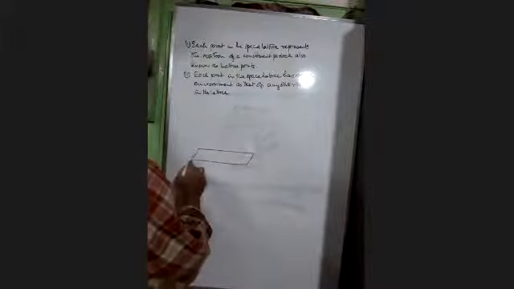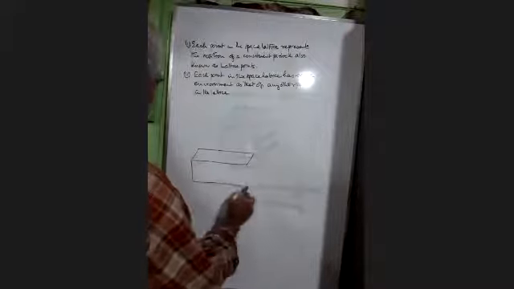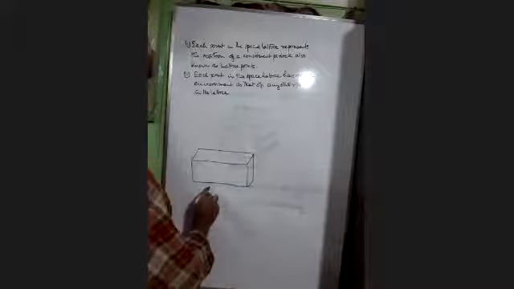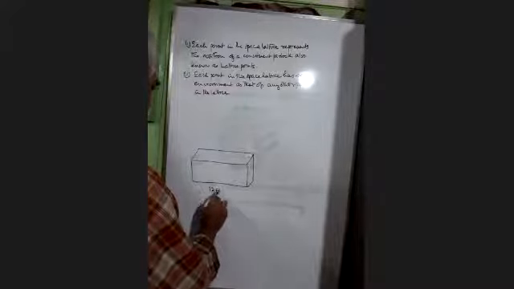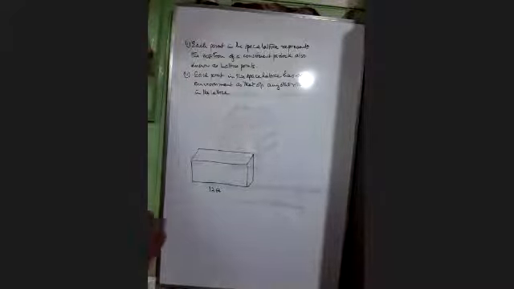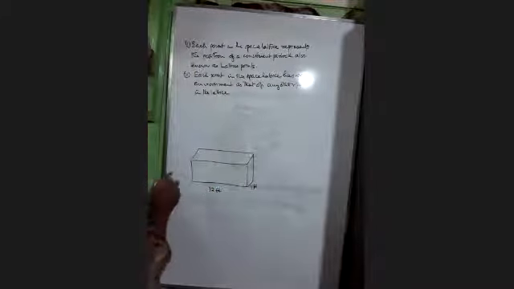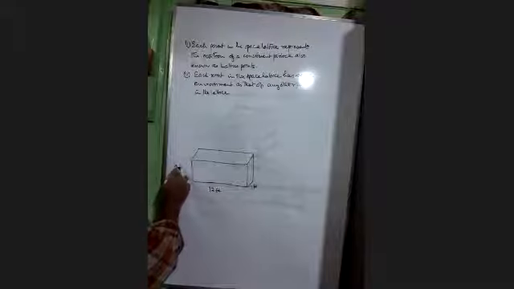See here. So this is a wall of your compound. Say it is 12 feet long, 1 feet wide, 6 feet tall.